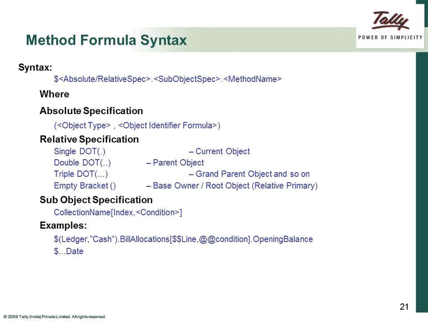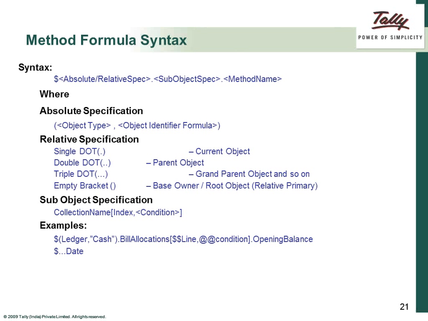Now dot acts as a separator, to change the path from the main primary object. Bill allocation is the sub object to which you need to drive in.